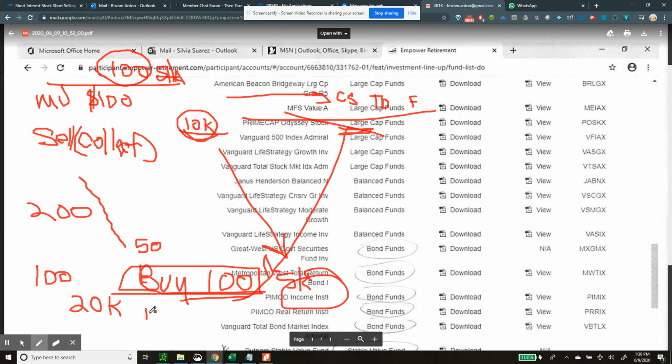I have to give them 100 shares plus $10,000 more, the 10,000 I collected plus the 10,000 more. So you do run a risk if you have no clue what you're doing, but that is betting down. If you think the stock is going down, you short the stock.